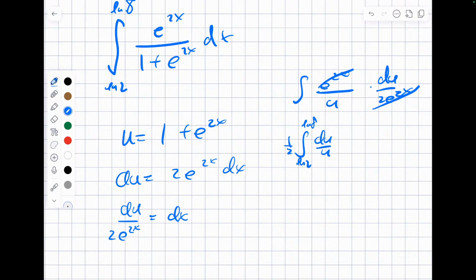Wait, why is there division? Why is this division? Because when natural logs subtract each other, it's dividing the things inside. This applies to log also, natural log and log. So you have to write the ln twice, like ln of 65 minus ln of 5, and then it will be ln of 65 over 5, which is ln 13.